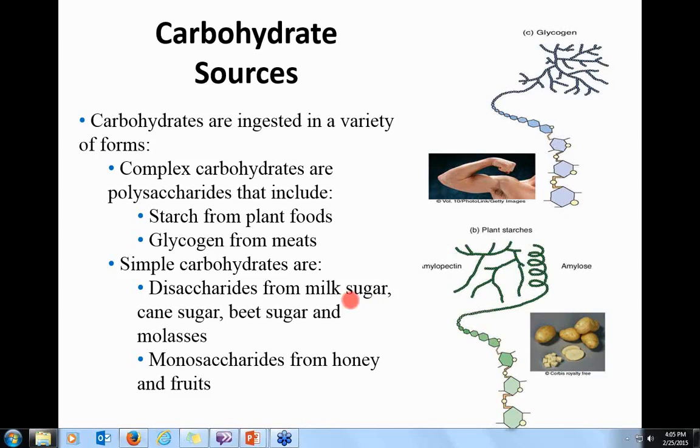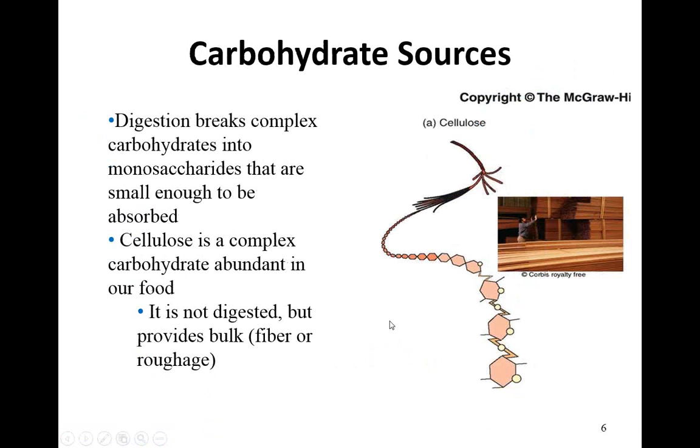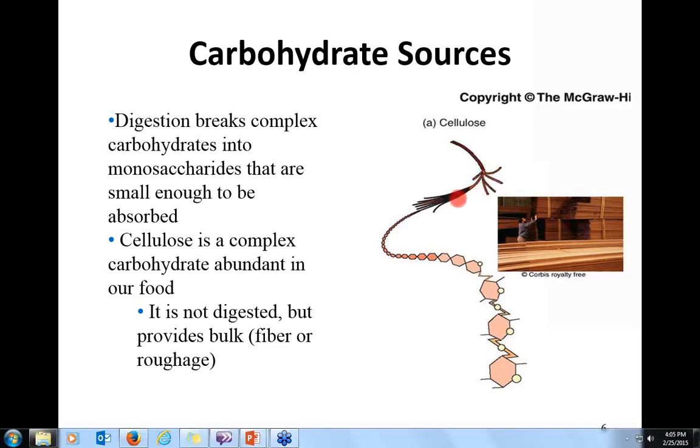Simple sugars, or simple carbohydrates, come from milk sugars, cane sugars, beet sugars, molasses. Monosaccharides, such as glucose and fructose, come from honey and fruits. Actually, this is cellulose, right here.